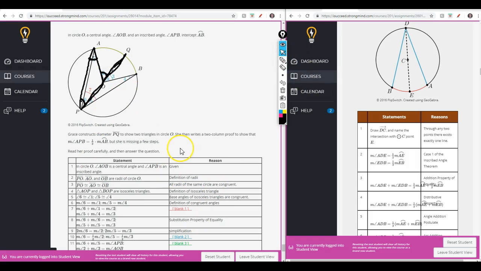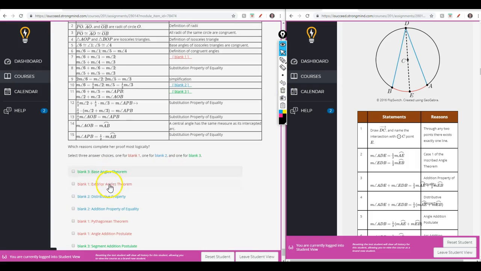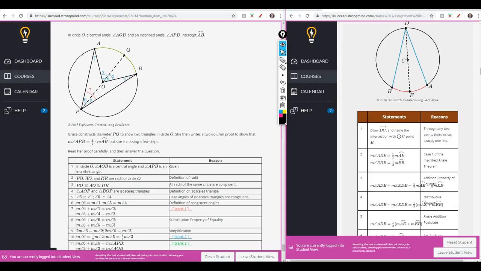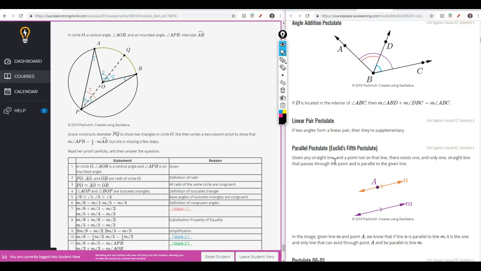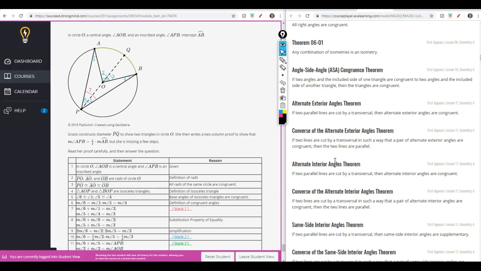That is a theorem from, I'm not sure if it was at the beginning of this course or if it was in Geometry A, but it's called the exterior angles theorem. So I will just give that one to you. So blank 1 is exterior angle theorem. That's why this list of postulates comes in handy if you want to just scan through all of them.